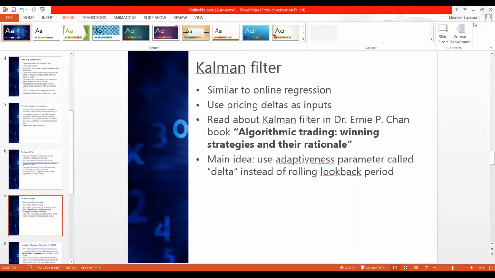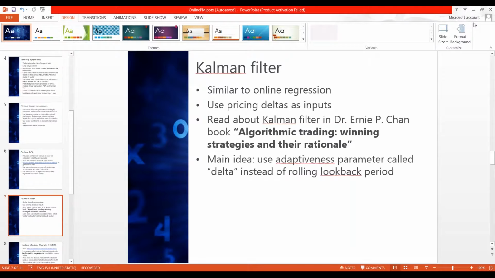It's a well-known algorithm in statistics and control theory that uses time series measurements for producing more accurate estimates of target variables. I use the Kalman filter for evaluating coefficients of online regression, which explain target stock prices by independent variables, which are other stock prices from the portfolio.